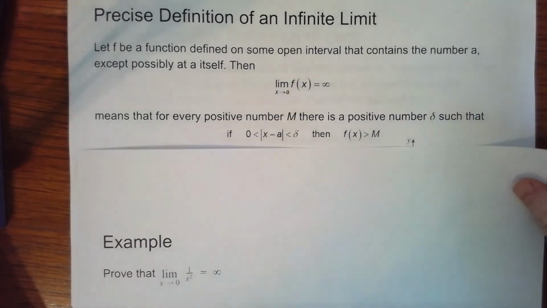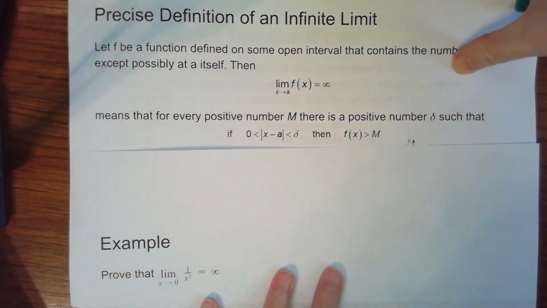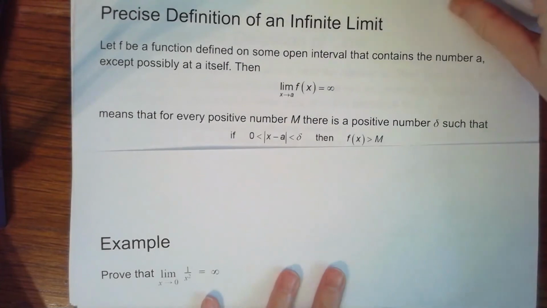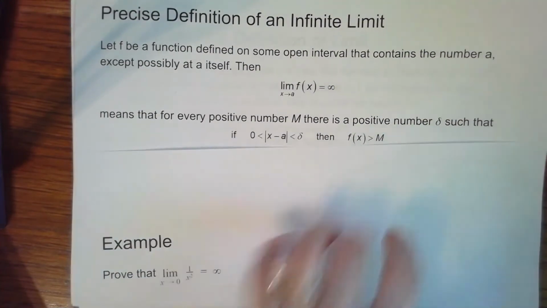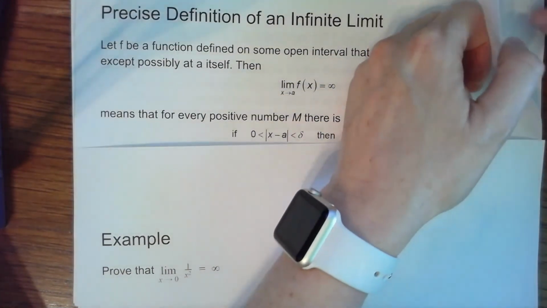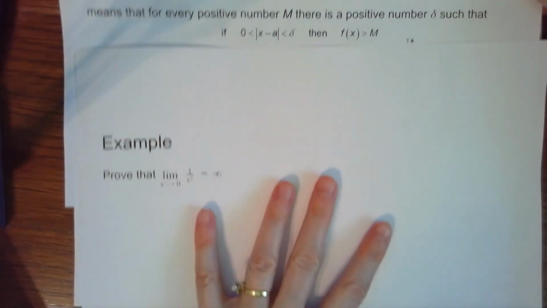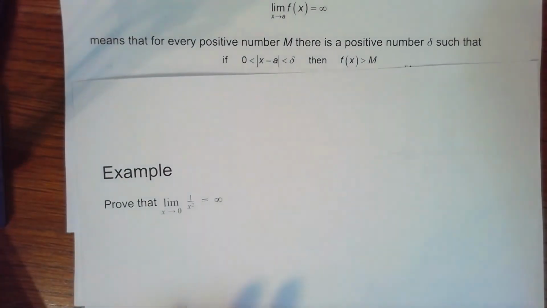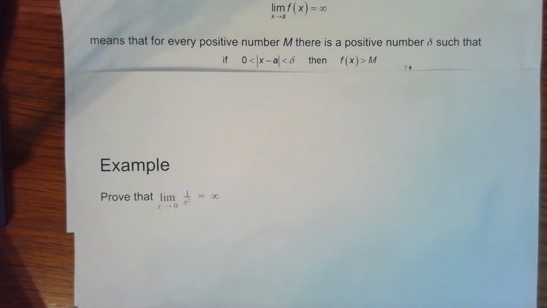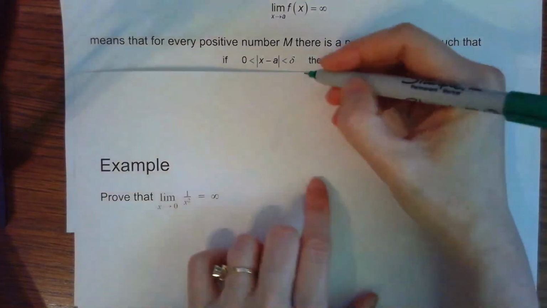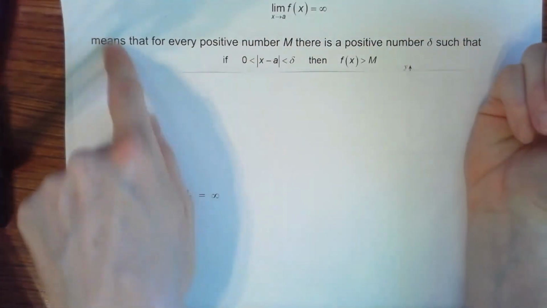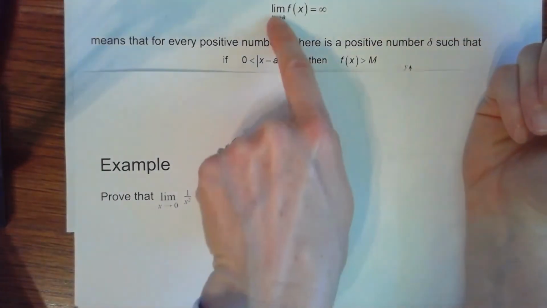So once again, let's use this definition to do a proof. All right, so we want to prove that the limit as x approaches 0 of 1 over x squared is infinity. What we want to do is go to the definition. So this is what I'm trying to prove here.